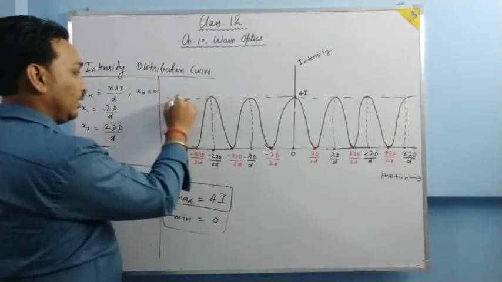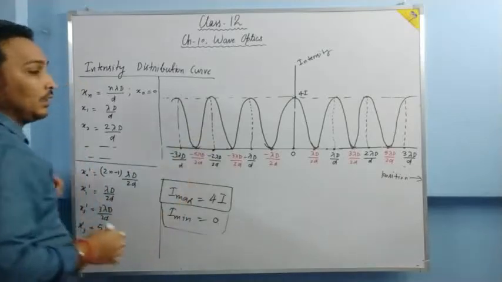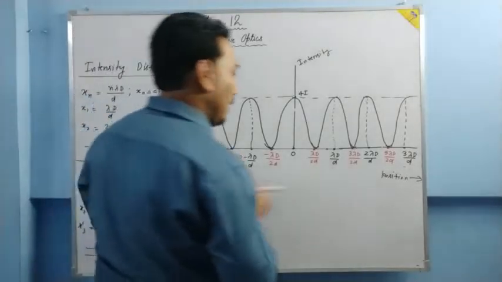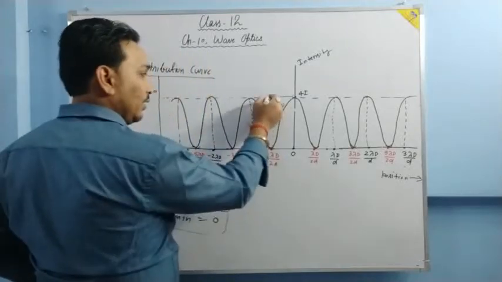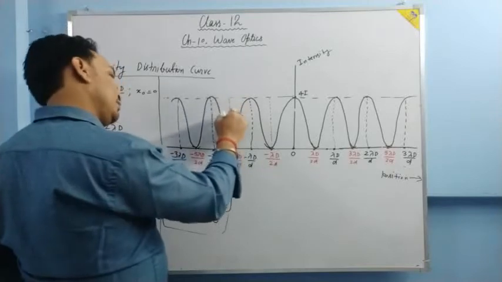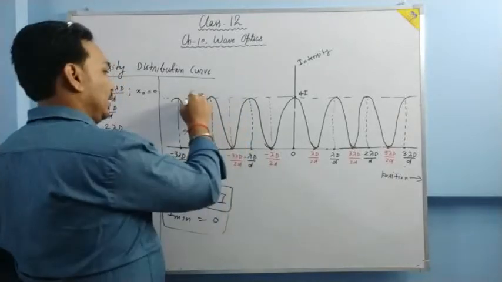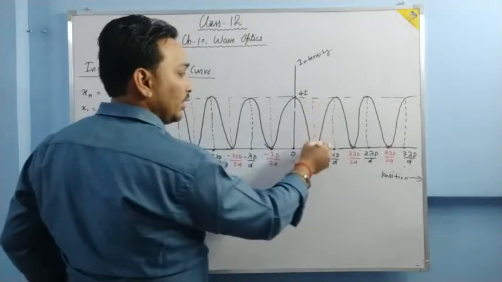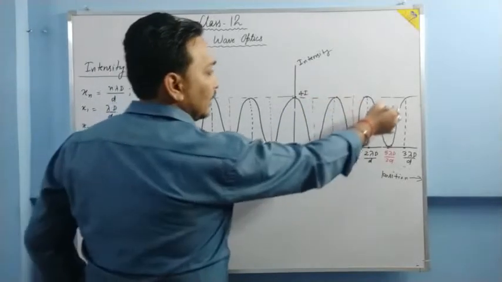The graph will be like this. So where the minimums are formed: at this point the minimum is there, at this point the minimum is there, at this point, this point, and this point.